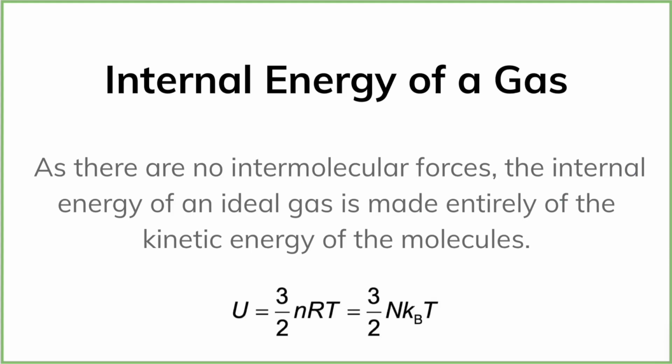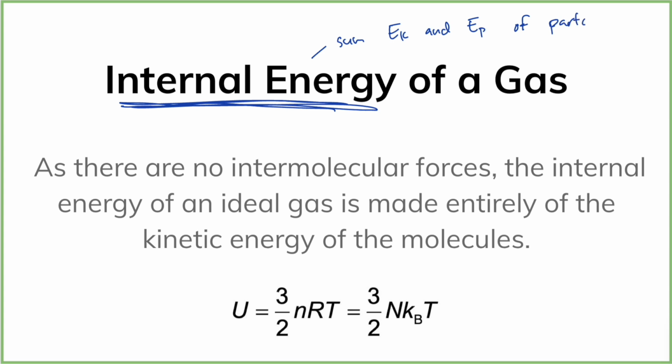Last, we want to talk about internal energy. Normally we define internal energy as the sum of the random kinetic energy and potential energy of the particles. And when we learned about phase changes, we learned that kinetic energy is related to temperature and the potential energy is related to the phase change.